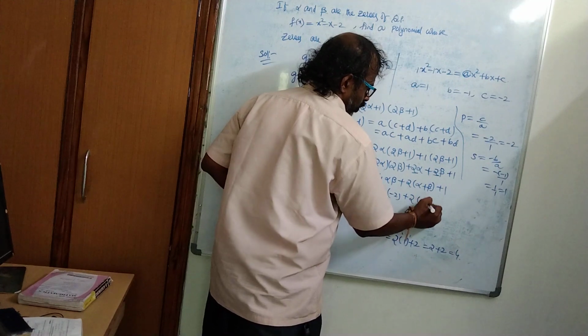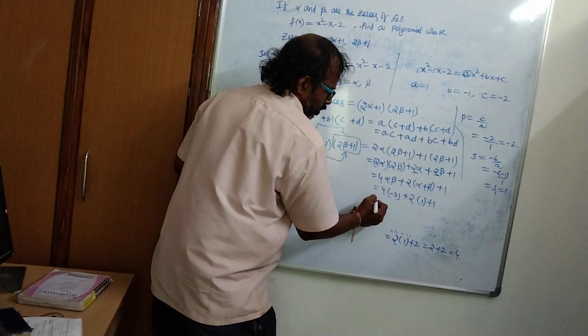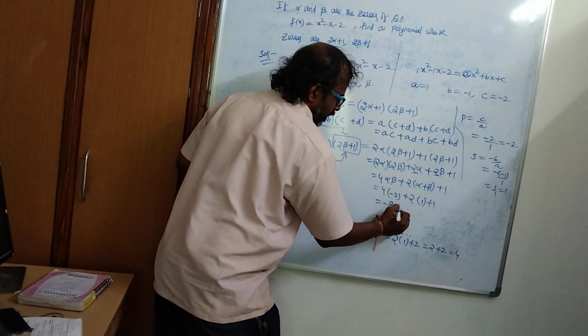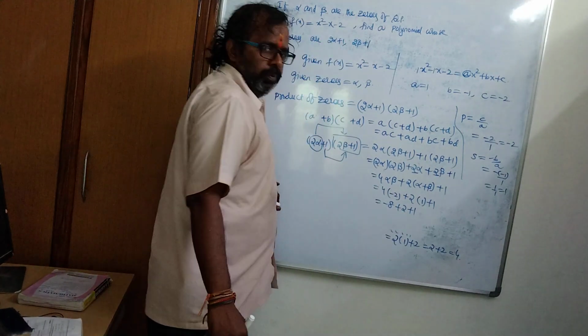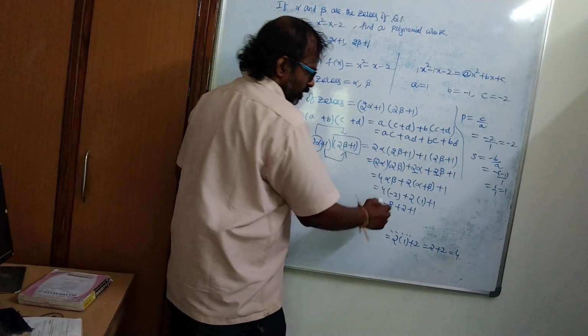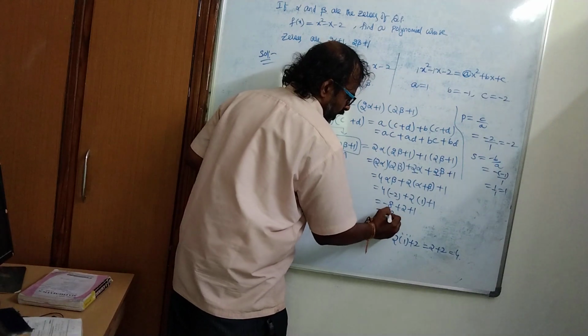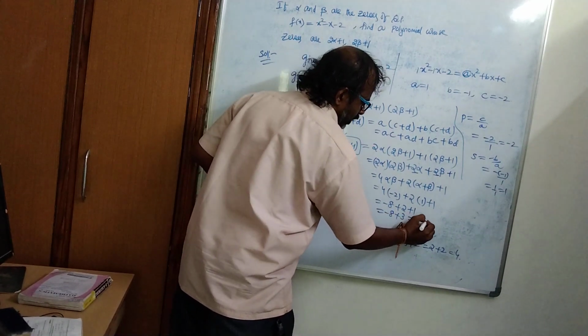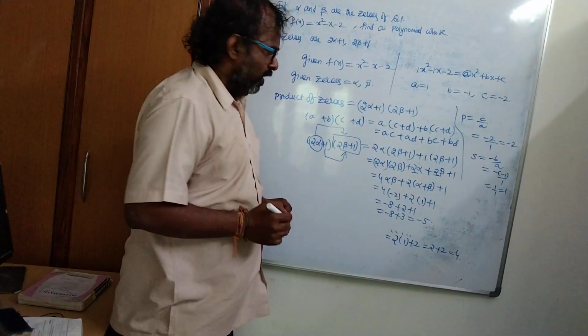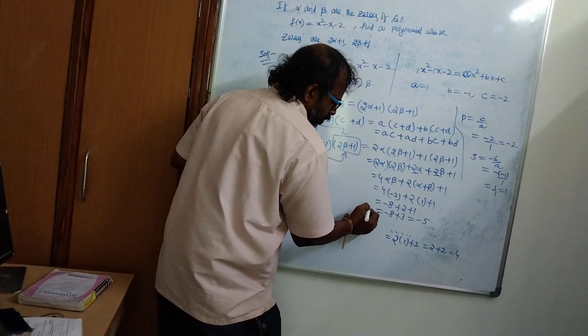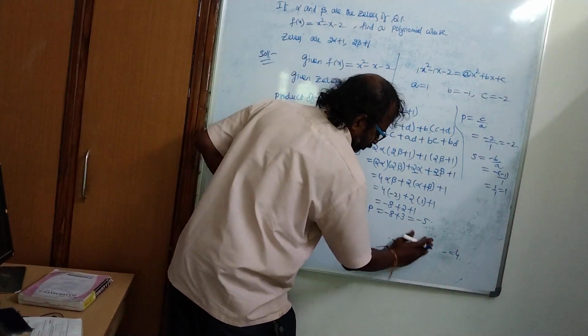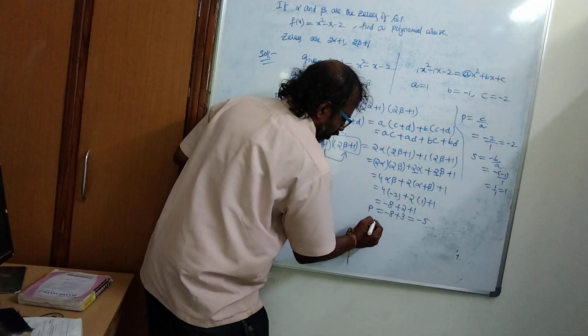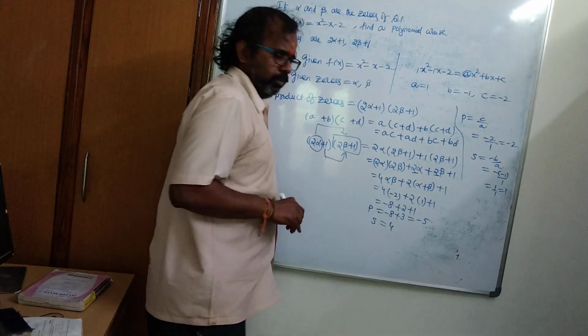So 2 into 1 plus 1. That is equal to minus 8 plus 2 plus 1. So 2 plus 1, 3. So minus 8 plus 3 is minus 5. So this is your product of zeros, and the sum of zeros is 4.